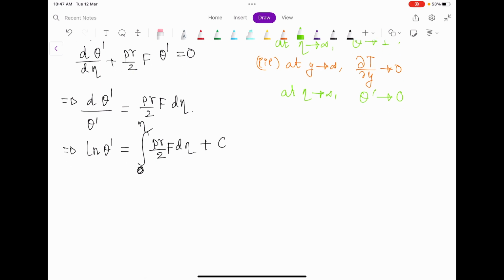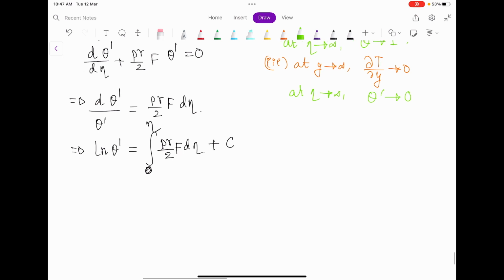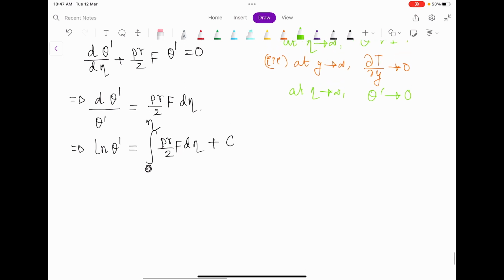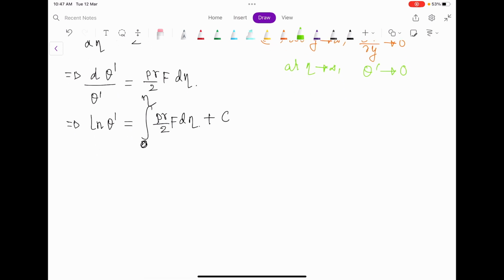Now let us see how we can find the c. This is actually the solution, but we have to find the C. At eta tending to infinity, theta is equal to 1, that we know.